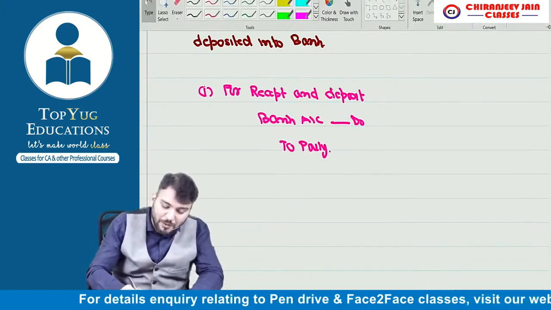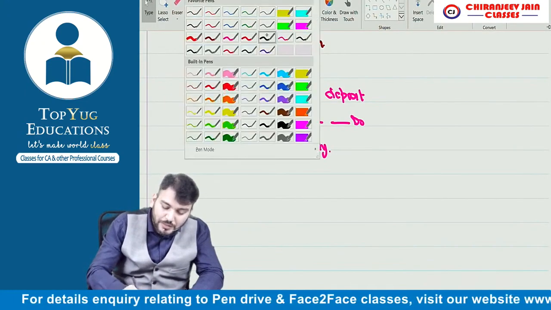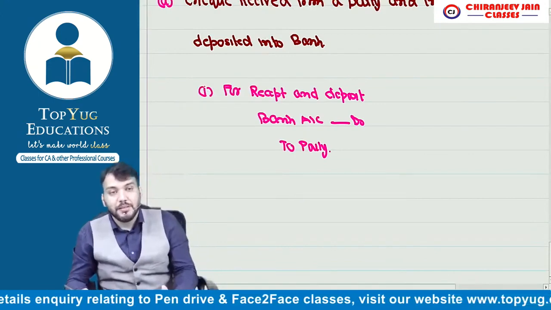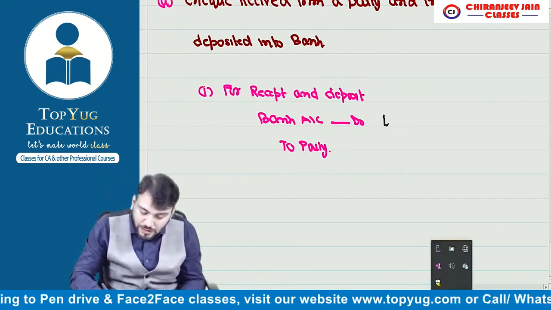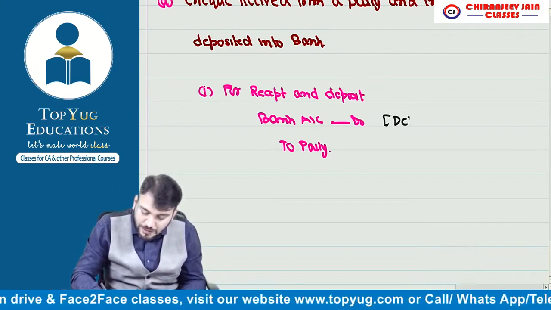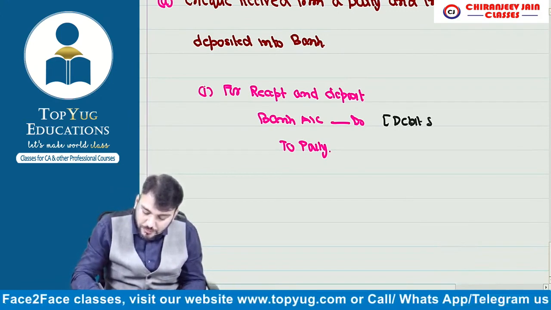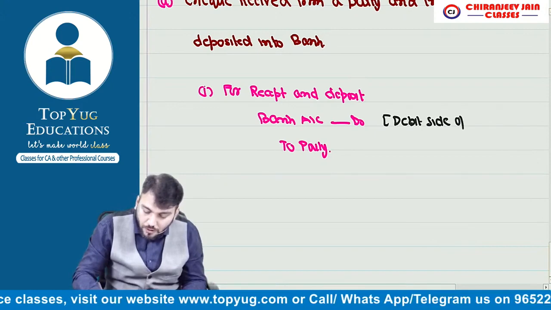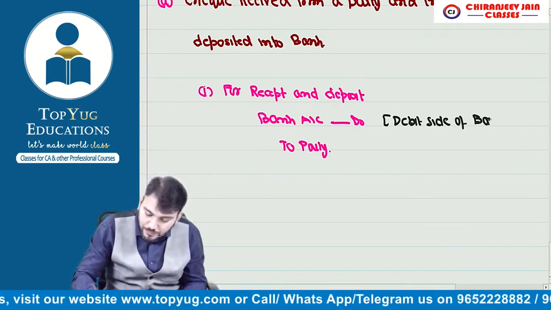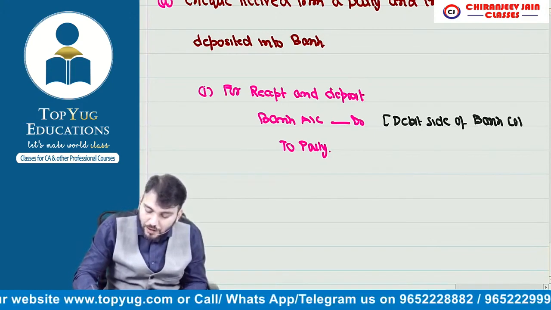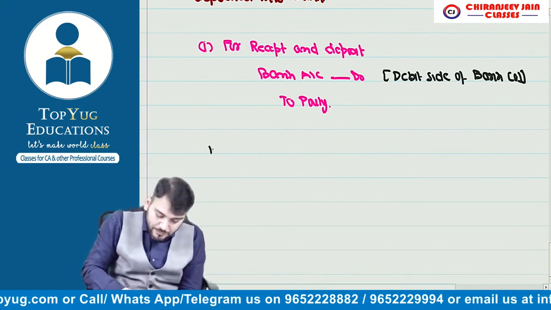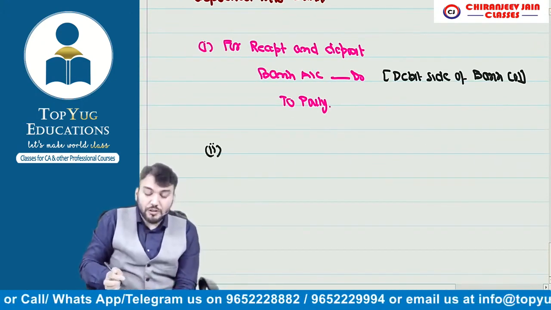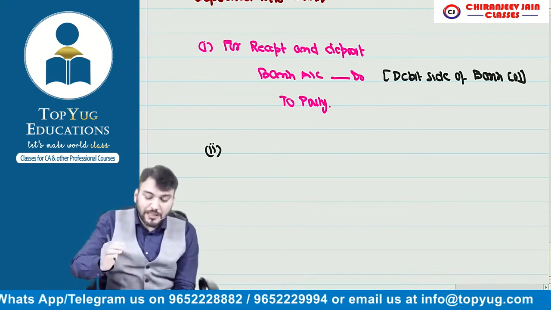So it means it will be posted in the bank column of cash book, but on the debit side, because it is a receipt. Understood this point? Correct. So you receive for receipt and deposit of check.